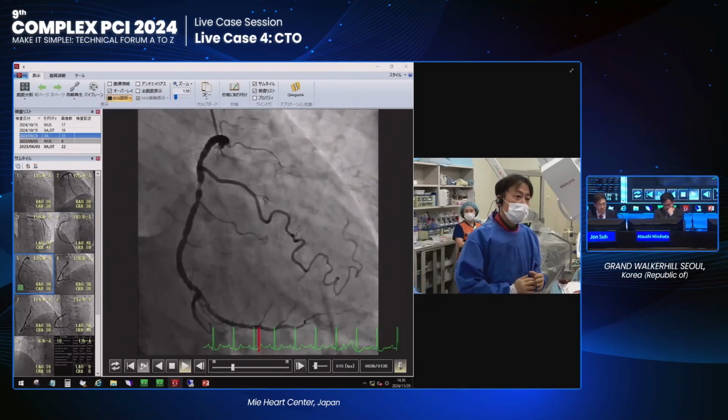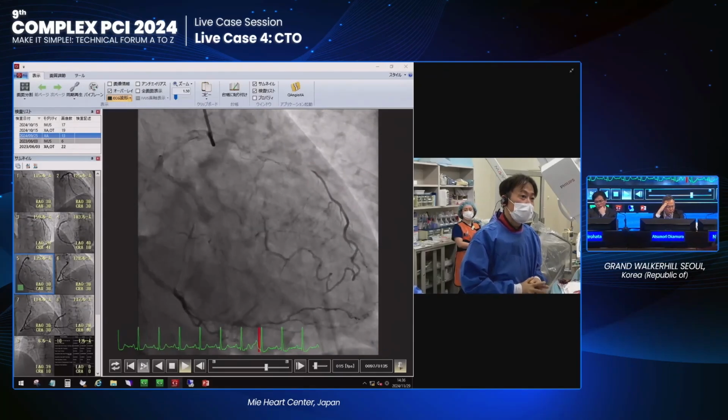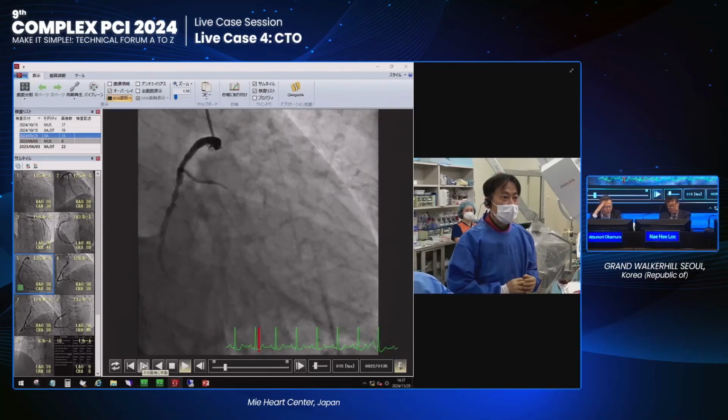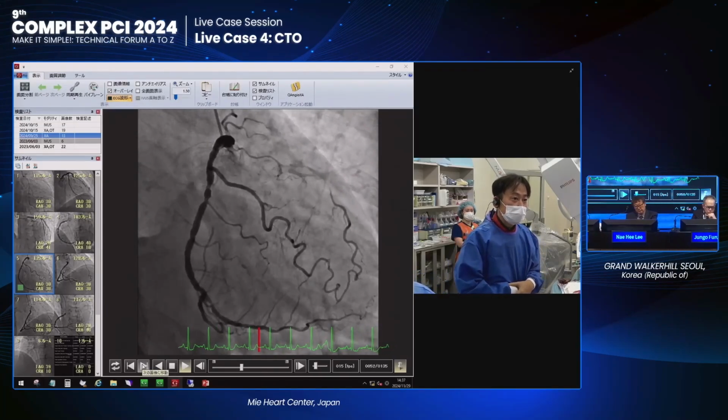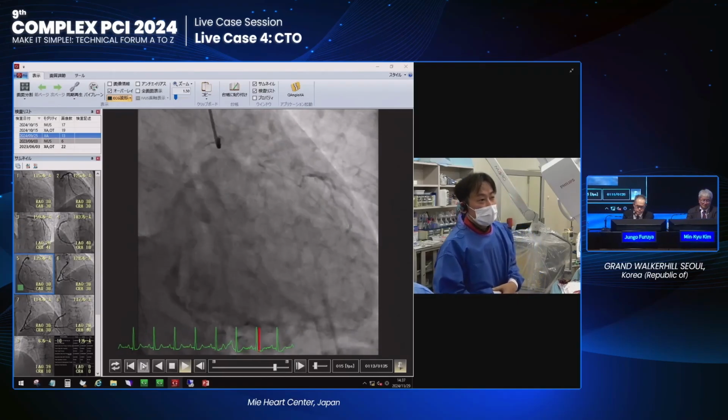In terms of the collateral channels, mainly the atrial branch and the conus branch. We can also see some connection via the distal PD branch to the septal.